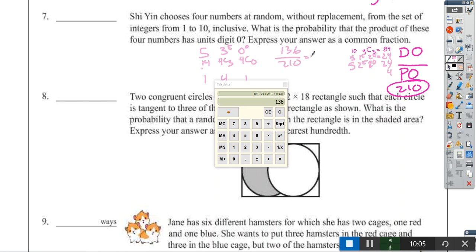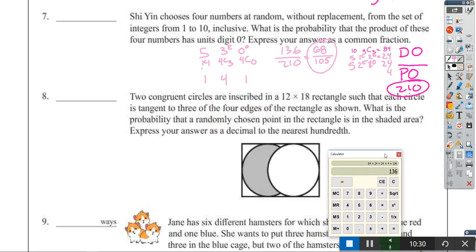Okay, this is good, except we can't have a fraction that isn't reduced. You can't help but notice that 2 goes into both of those. So we divide both by 2, and we get 68 over 105. And so this is my final answer. So the whole idea of choosing is kind of a big deal in this one.